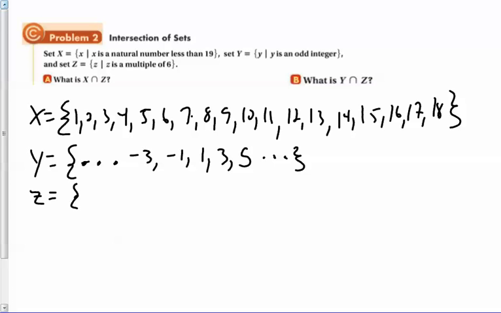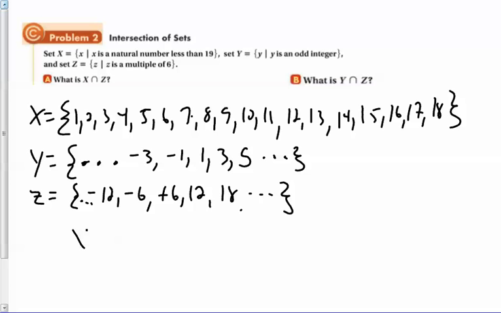A multiple of 6 could be like -12, -6, dot, dot, dot, 6, 12, 18, dot, dot, dot. So it seems like a lot to do it this way, but it is what it is.